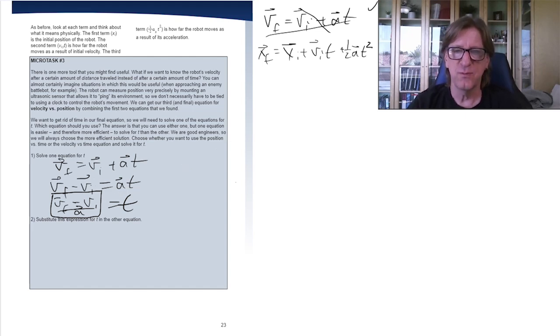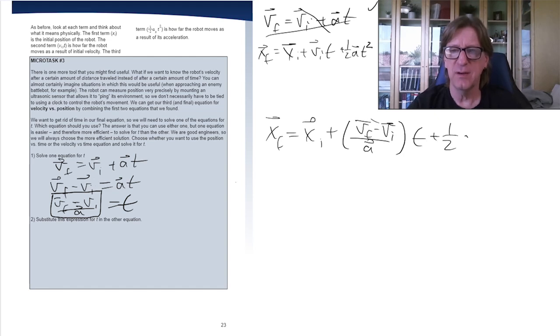All right, so first off, I'm just going to copy it as is. So xf equals xi plus (vf minus vi) over a times... I'm sorry, not times t, we already eliminated our t, didn't we? This is going to be times vi. Maybe I should put the vi on the other side just so you don't get confused.